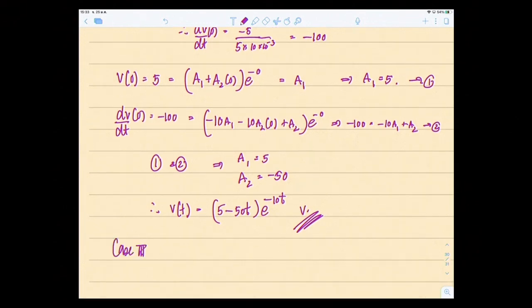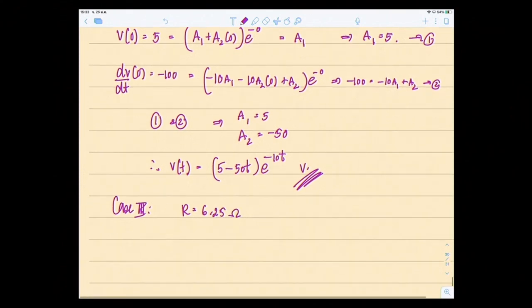Case number 3, you can guess what type of case it would turn out to be. Same problem, but change R to 6.25 ohms, and you can do it by yourself. I'll give you the answer.